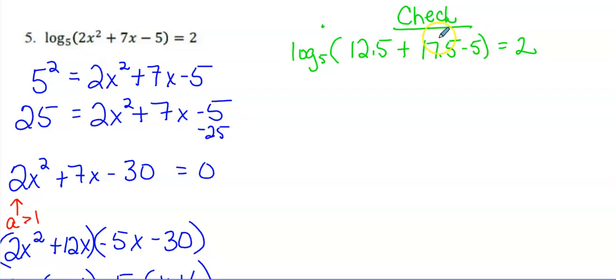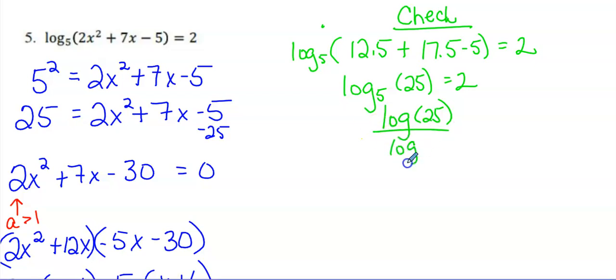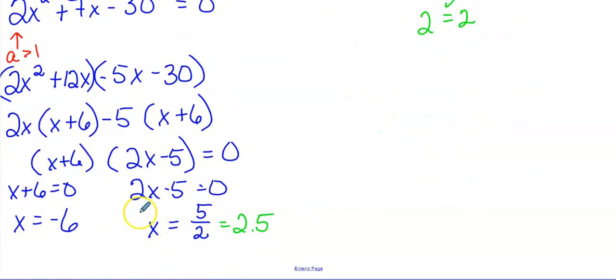And if you add these and then subtract 5, you get 25. Obviously, 5 to the second power is 25. But if we enter our calculator using the change of base, we get 2 equals 2. So that one checks out, and so x equals 5 halves, or 2.5 is one of our solutions.